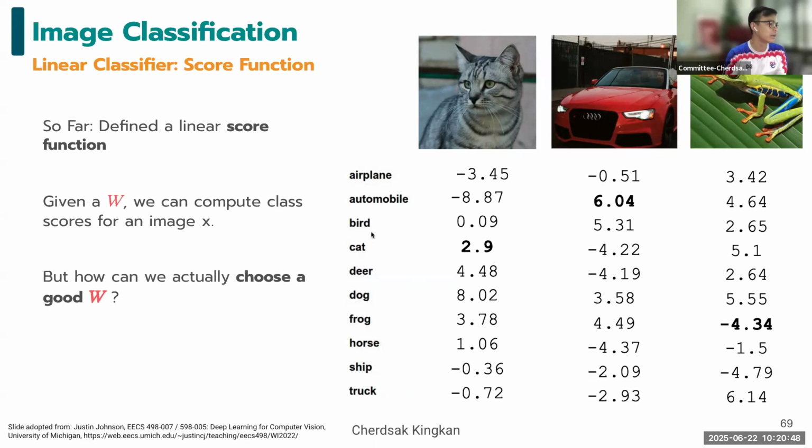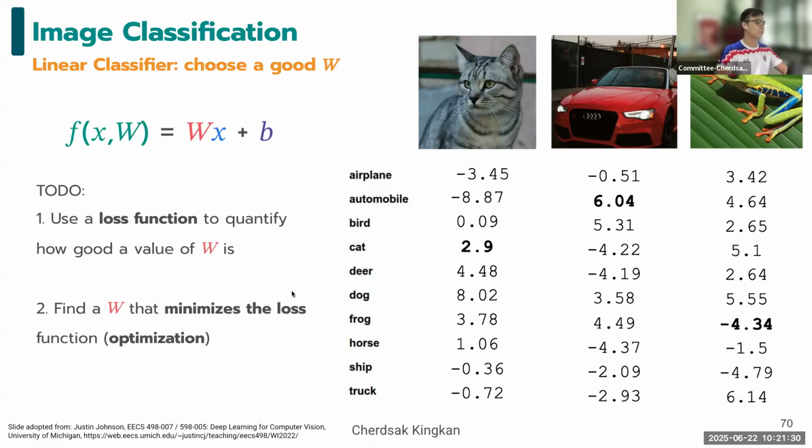Given W, we can compute a class score for the image X. We compute the class scores across the classes, and then we pick the one with the highest score as the label of each image. But how can we actually choose a good W? Because W is going to produce the scores for us.